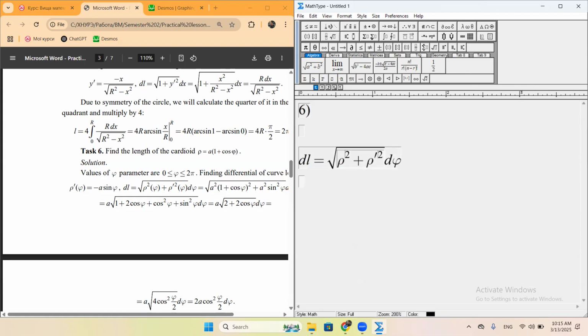Okay, let's calculate rho square and rho prime.